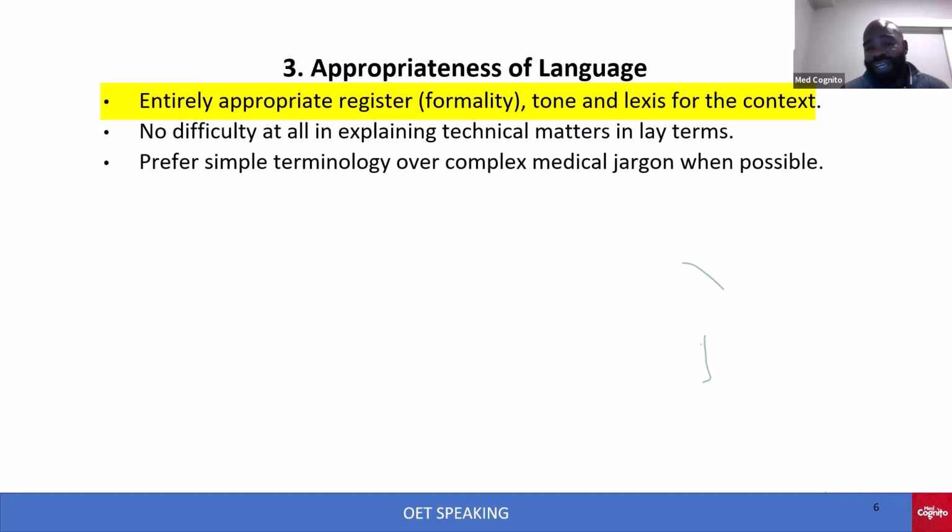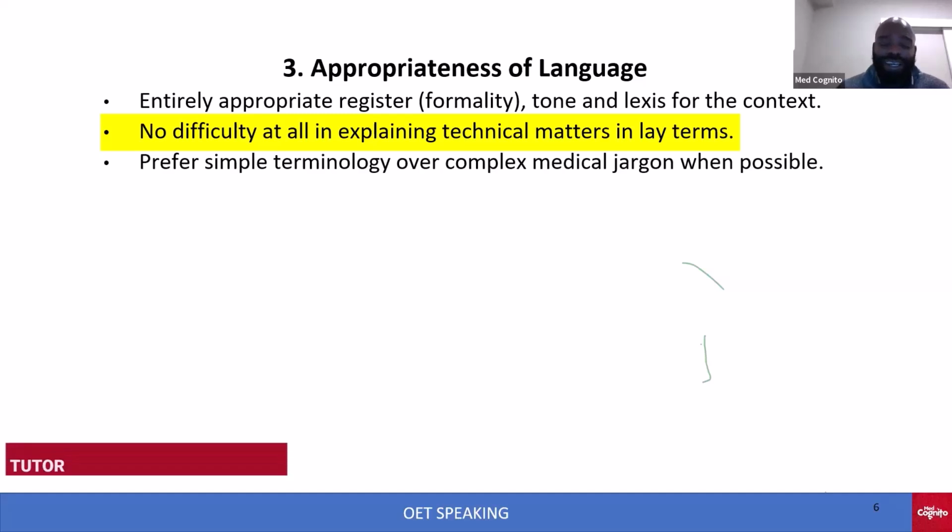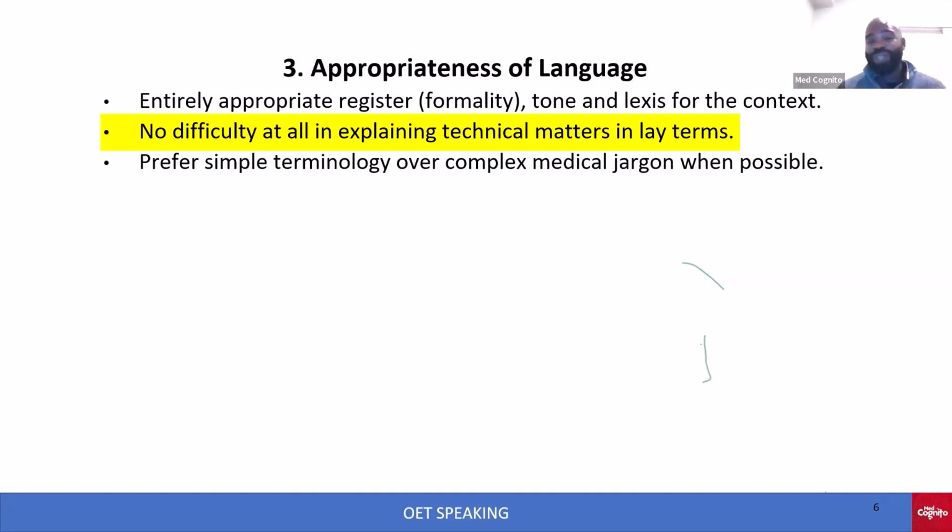What is also judged under this particular criteria is the technical terms that you use. Now remember, you are a medical professional who will be talking likely to an interlocutor or a patient. So you would have to dumb down the technical terms that you use. If a patient comes into your room, let's say you are a doctor, they haven't gone to medical school like you and may not be as smart as you, let me put it that way.